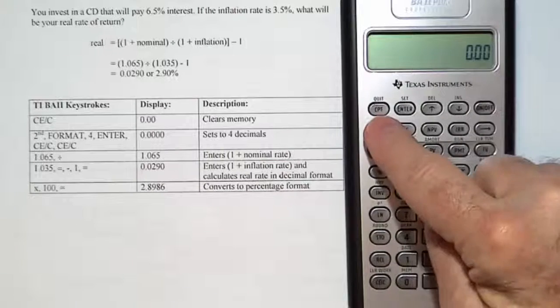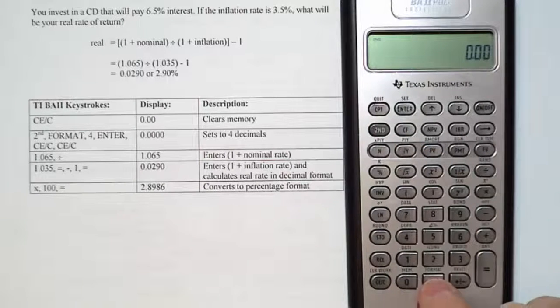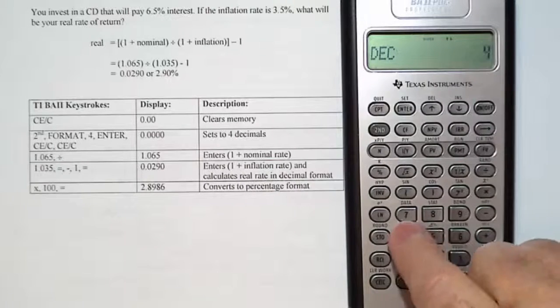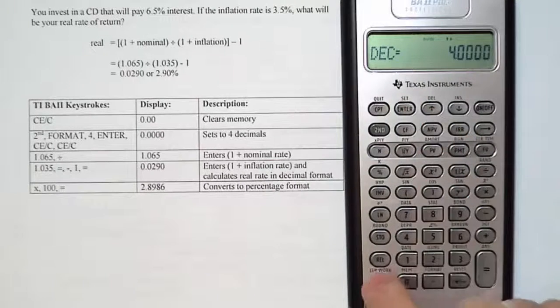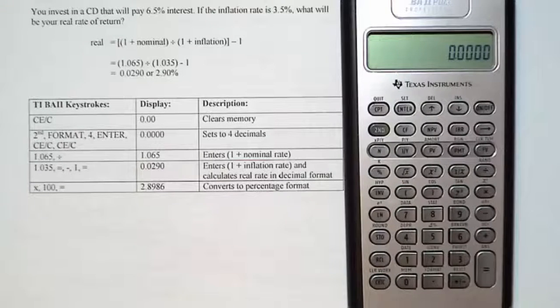So I'm going to say second format, that's the period key, second format, 4, enter, clear, and you see it shows 4 because I pushed the 4 button, but if I hit the clear entry, I'm at 4 decimal places with no number showing.